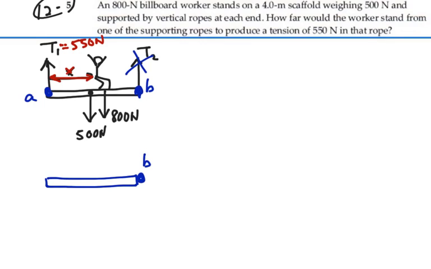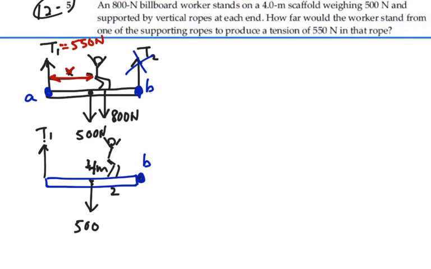So now in terms of a torque diagram, this situation about point B looks like this. I have a T1 force that has a moment arm of 4 meters. I have a weight force of 500 newtons that has a moment arm of 2 meters away from point B. And then I have a person standing there.